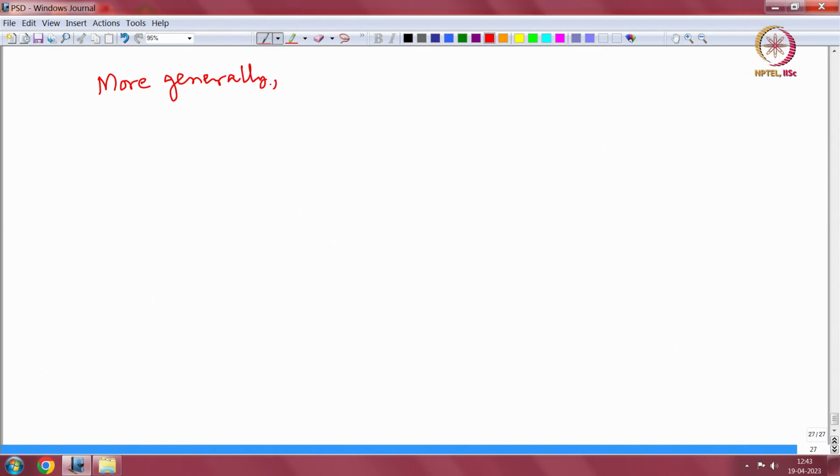So, I assume all these functions whose Fourier transform we are taking satisfy, with the notation we have introduced, that d alpha f is in L1 for all multi-indices alpha.